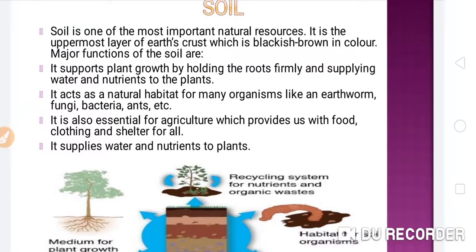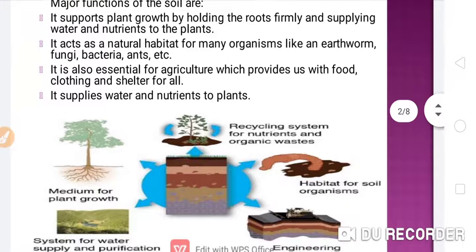Next, it is also essential for agriculture, which provides us with food, clothing and shelter for all, and it supplies water and nutrients to plants. So these are the important functions, the significance of the soil in our daily life as well as for other organisms.